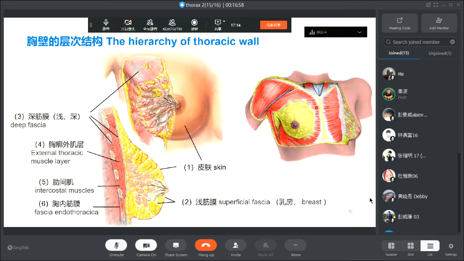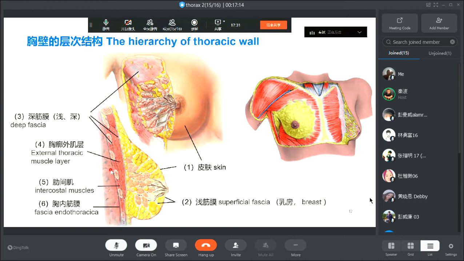This layer is our deep fascia, the third layer. Okay, the fourth layer we call the muscle.